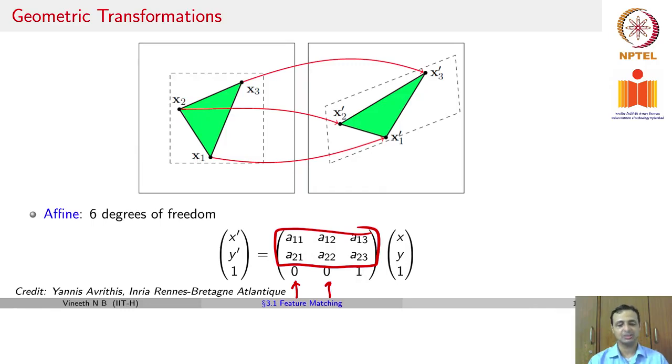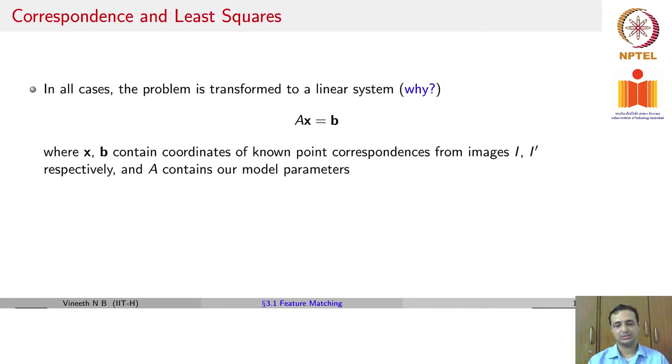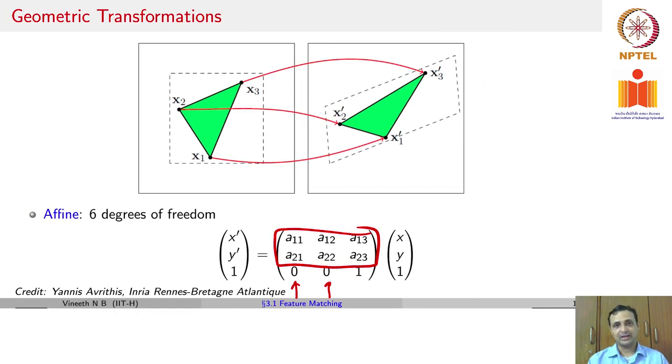We are not going to get into it at this particular point in time. We're going to stick to affine transformations. So in all of these cases, as you can see, using those tentative correspondences that we get between two images, we can find out which x prime matches to x and y in your image 1. So x prime y prime in image 2 could be matching with x y in image 1.